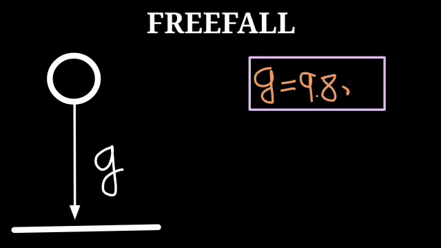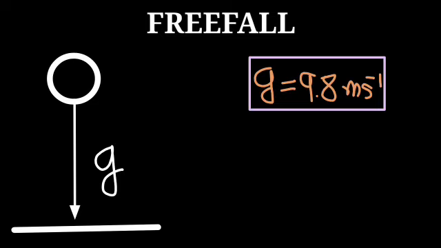And near the earth, that pull causes a pretty steady acceleration downwards. We give that acceleration a special name, g. It's about 9.8 meters per second squared, or roughly 10 if we are feeling lazy with numbers.